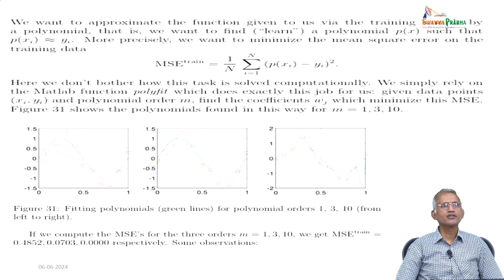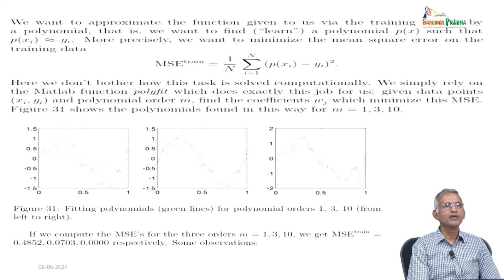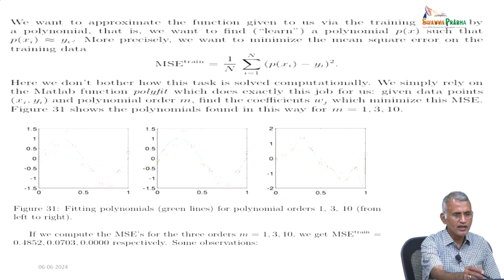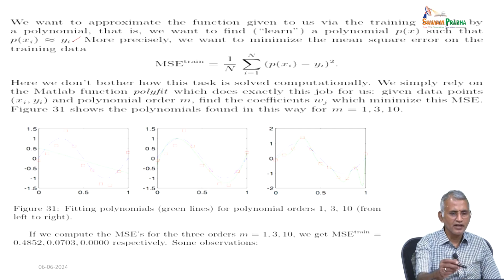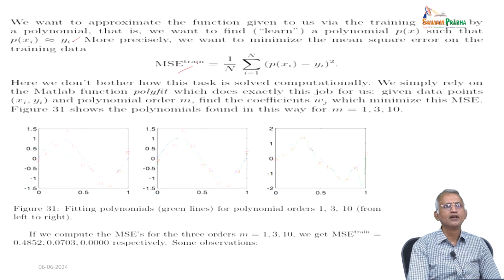So, we want to approximate the function given to us through the training sample by a polynomial, that is we want to learn a polynomial p of x such that p of xi equal to yi. More precisely, we want to minimize the mean square error on the training data. Mean square error is 1 by N times summation i equal to 1 to N of p of xi minus yi squared.